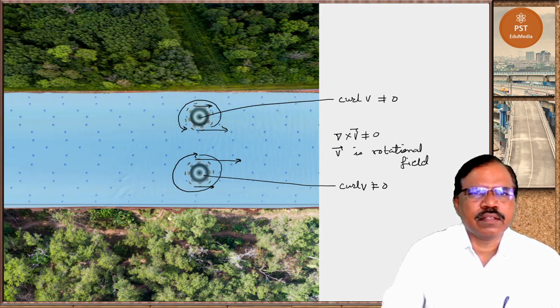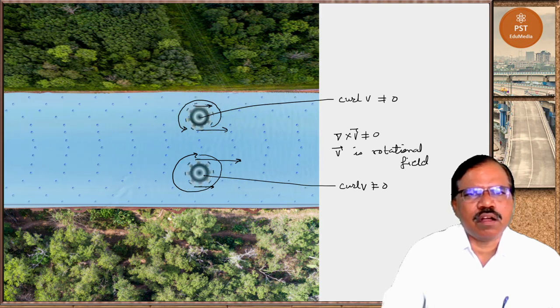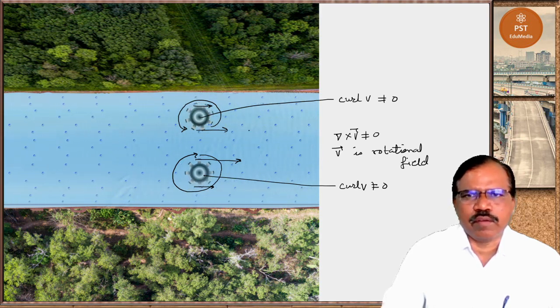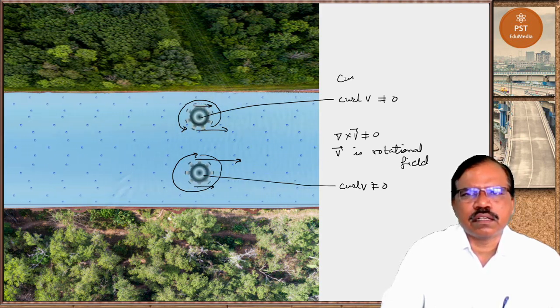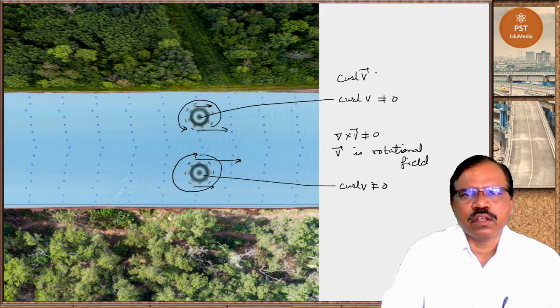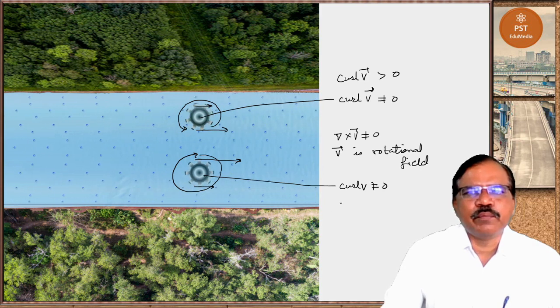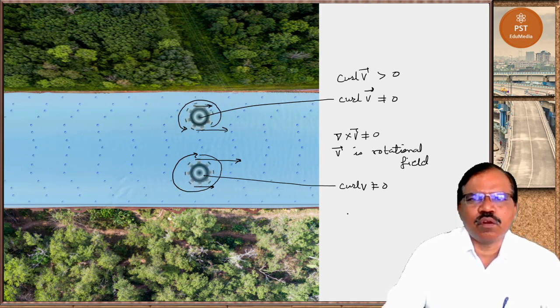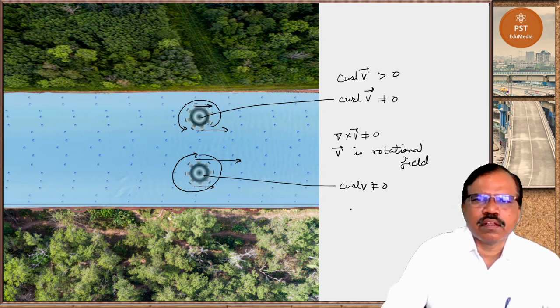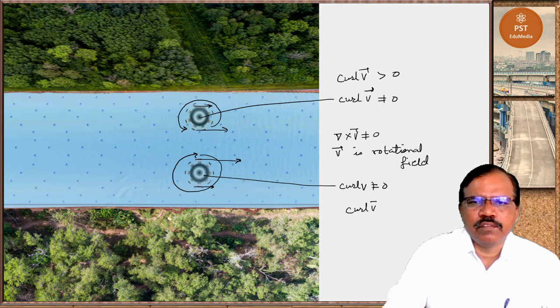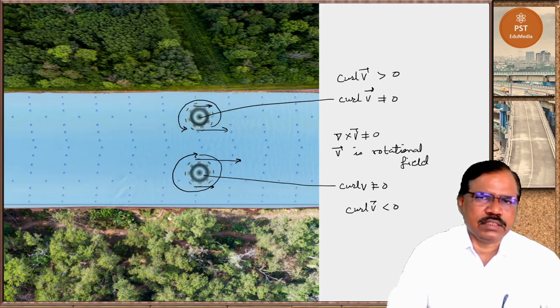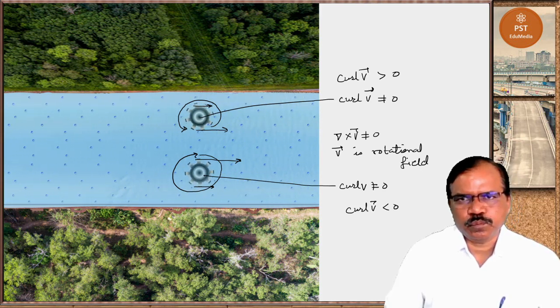When we take circulation in the counterclockwise direction, curl V will be greater than 0, that is positive. If we take it in the clockwise direction, curl V will be less than 0, that is negative.